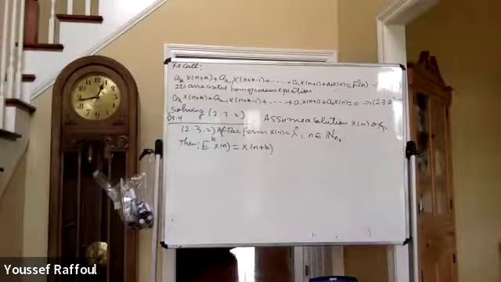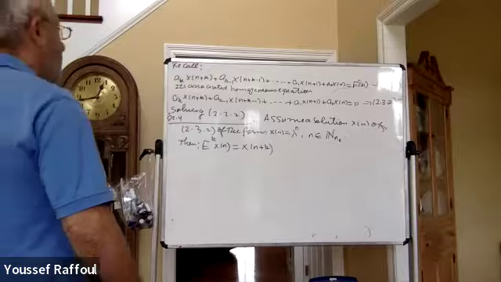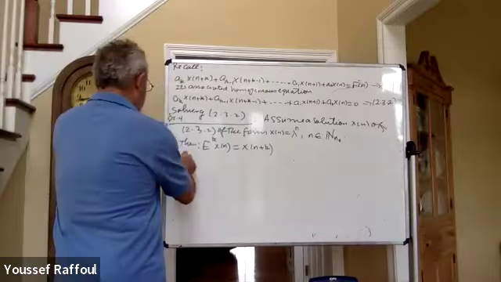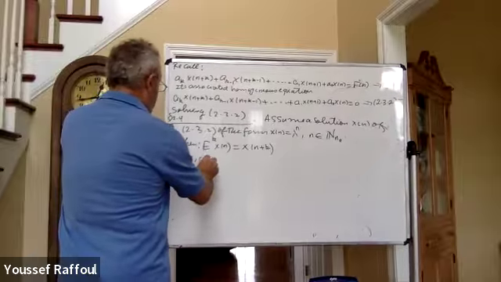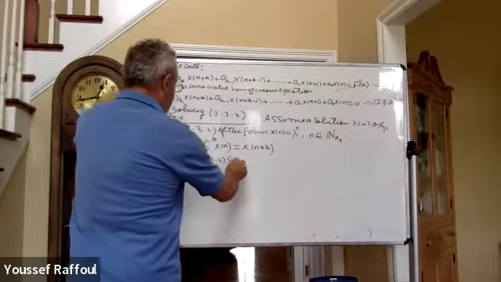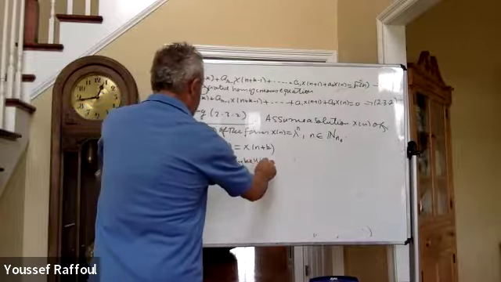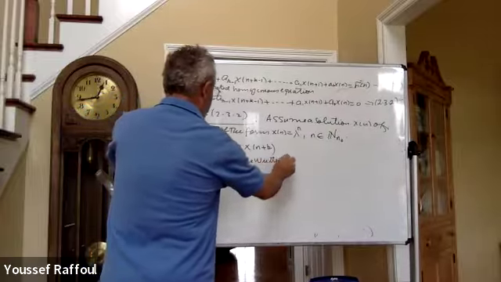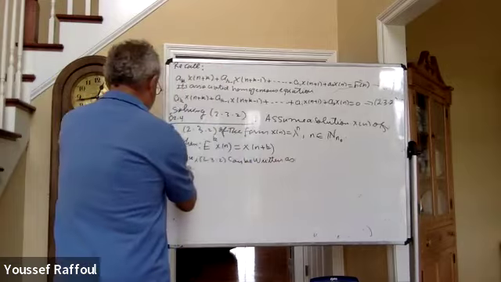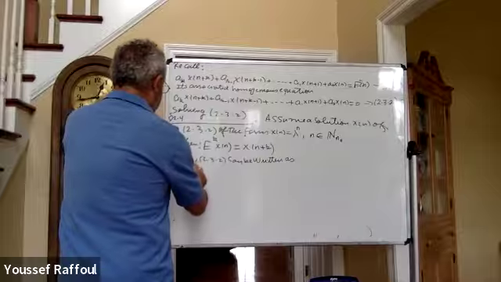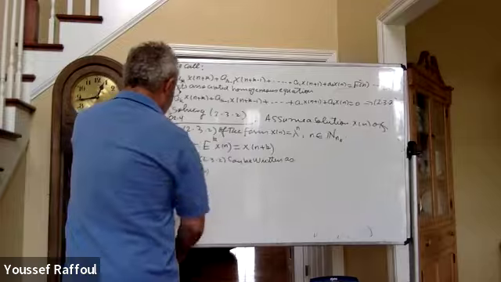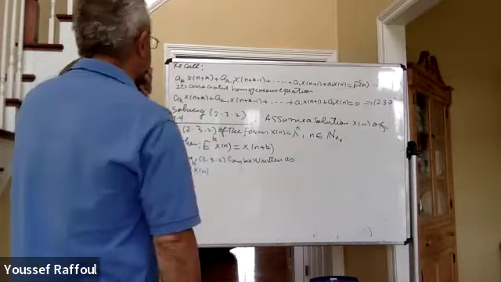That is the shift. Hence, 2.32 can be written as ak E^k of xn, okay?